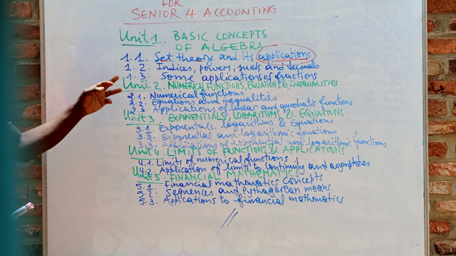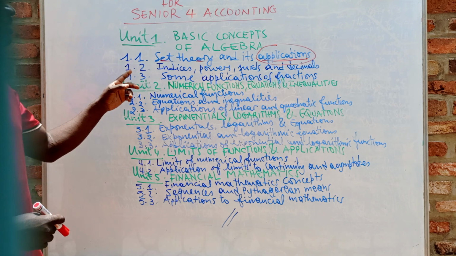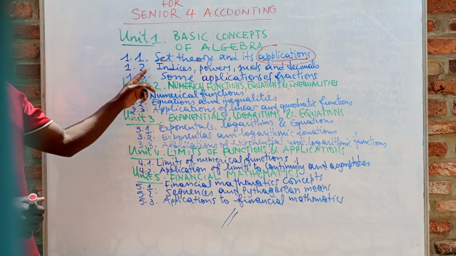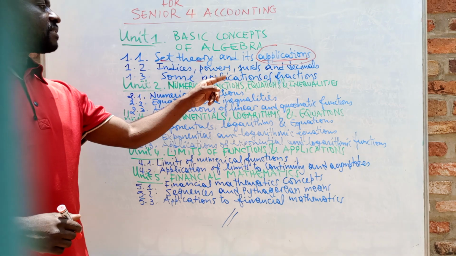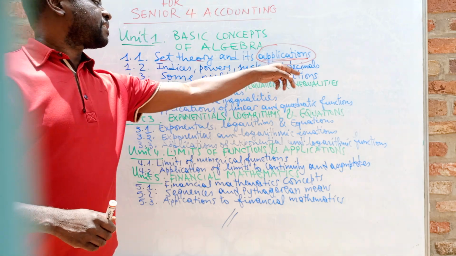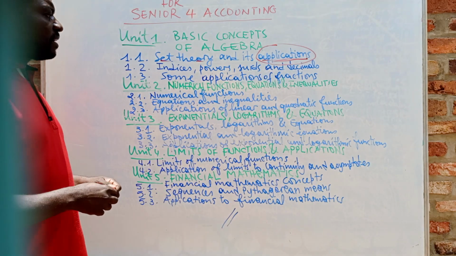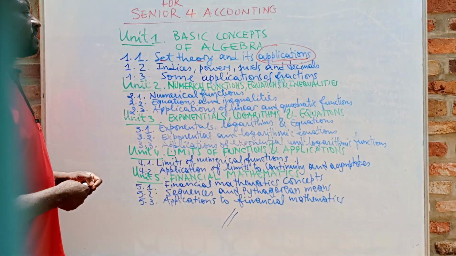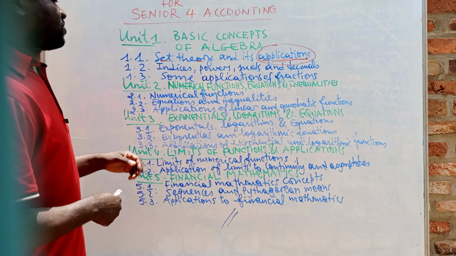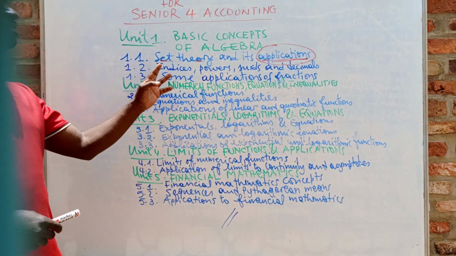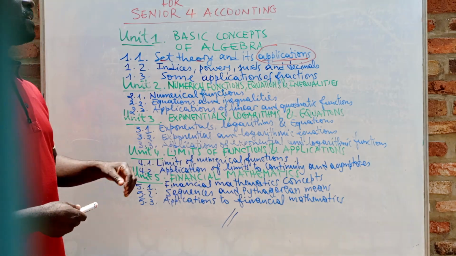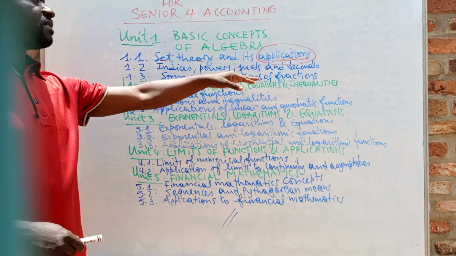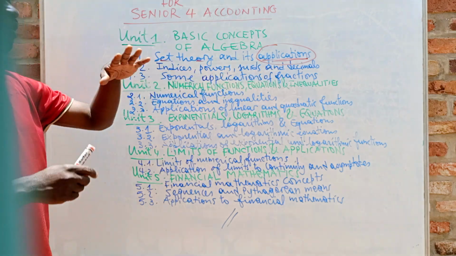So now second subunit of unit 1 is indices, powers, surds, and decimals. In this, we will focus on how we can use some radicals and so on, and more on decimals, different forms of a number.